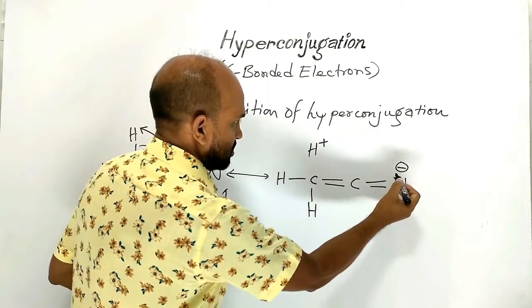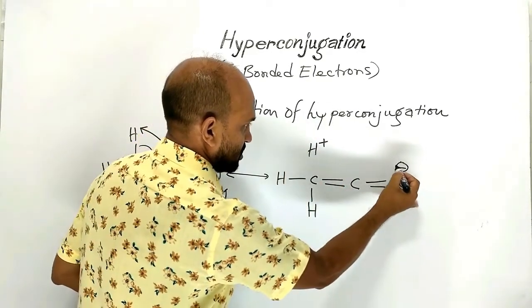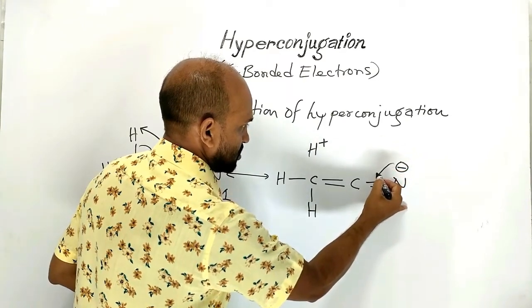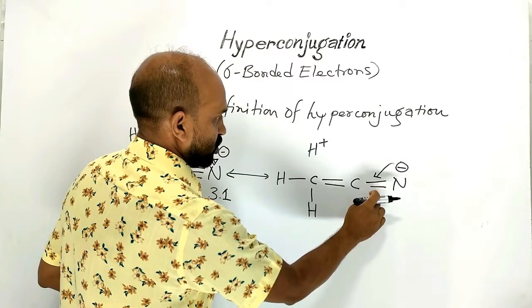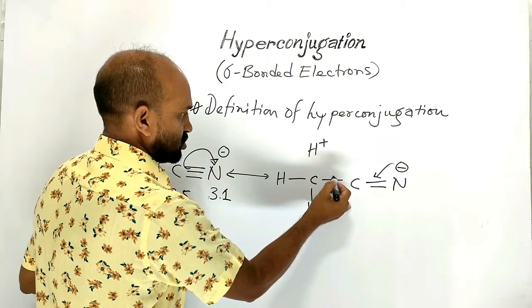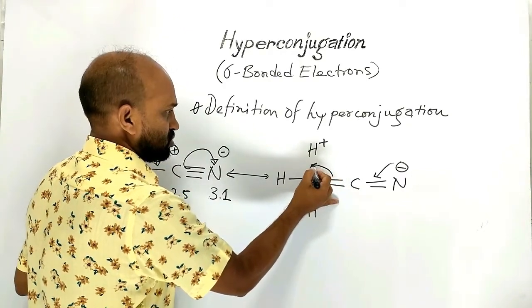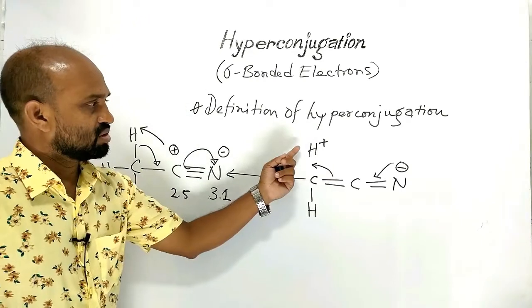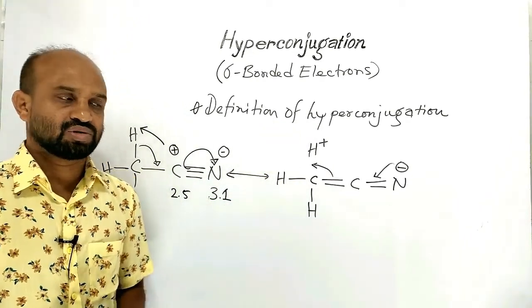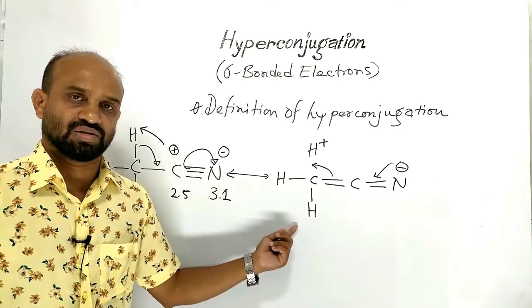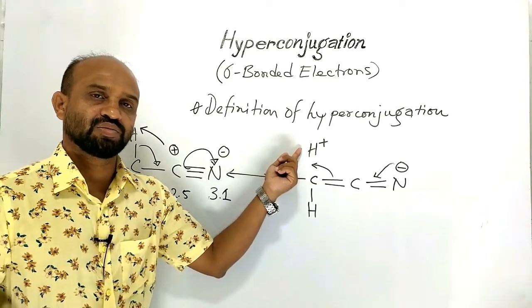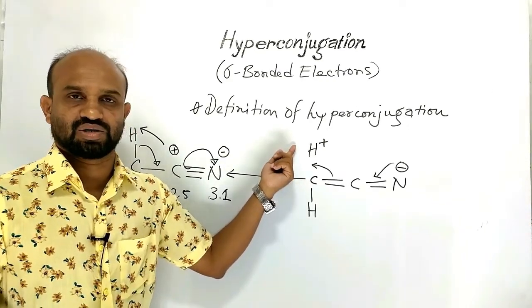Here, again, because of this positive charge, these lone pair electrons turn into a bond pair. Again, these bond pair electrons turn into a sigma bond between hydrogen and carbon, and acetonitrile forms two resonance structures in which no bond remains between this carbon and hydrogen.